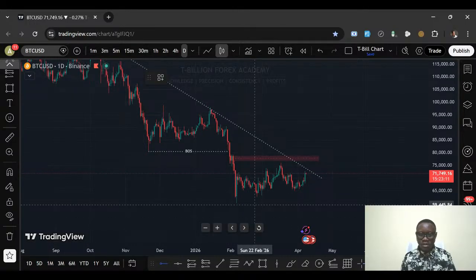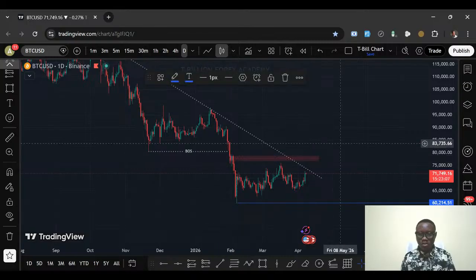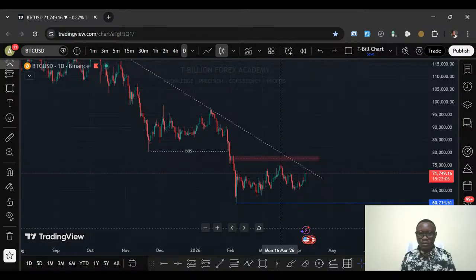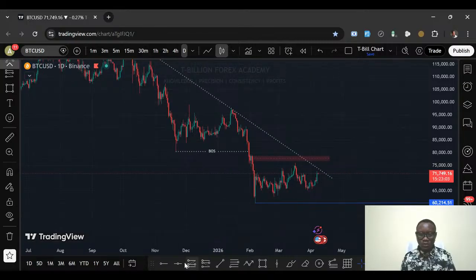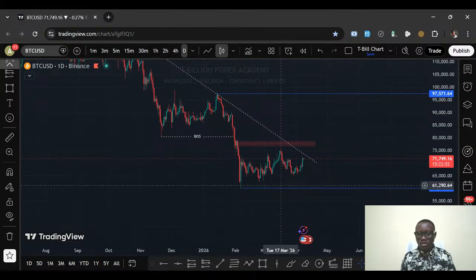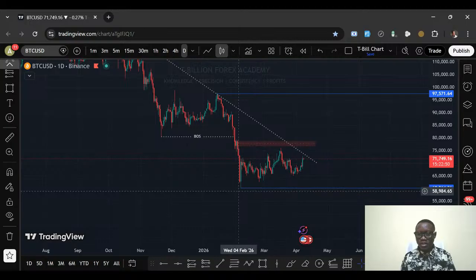And we have this sell side liquidity, which we anticipate price to take out. We also have this buy side liquidity. So we would anticipate price to take out this sell side liquidity for this bearish trend to continue.